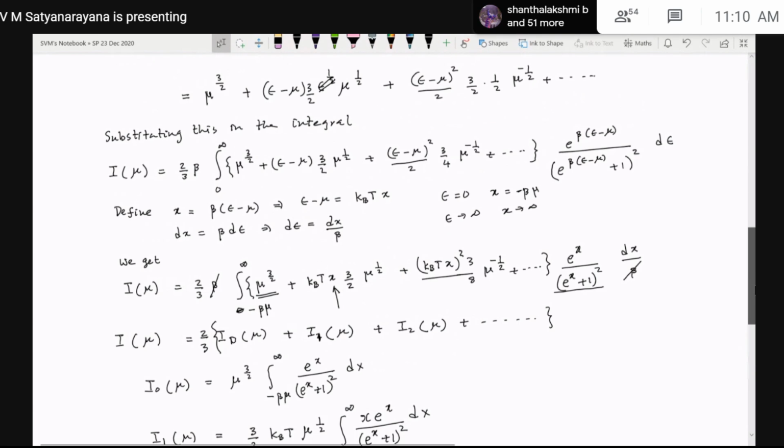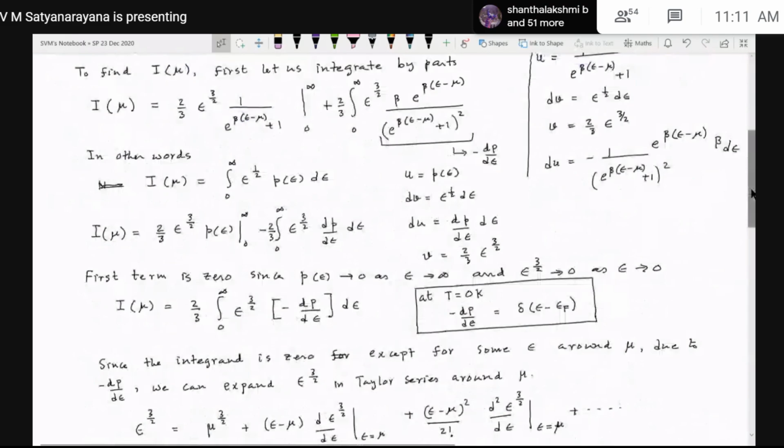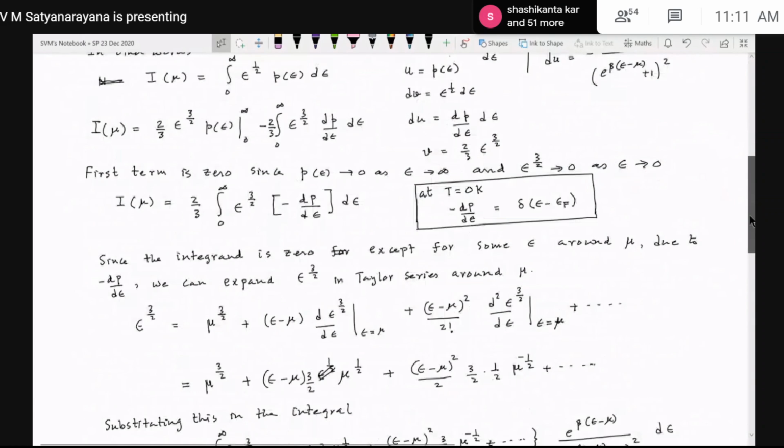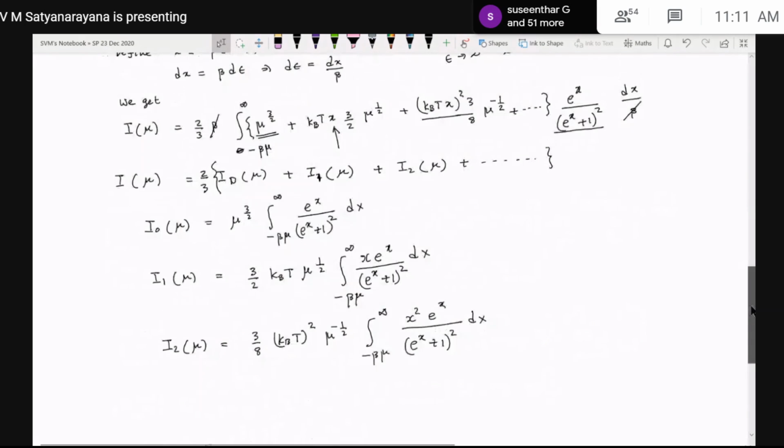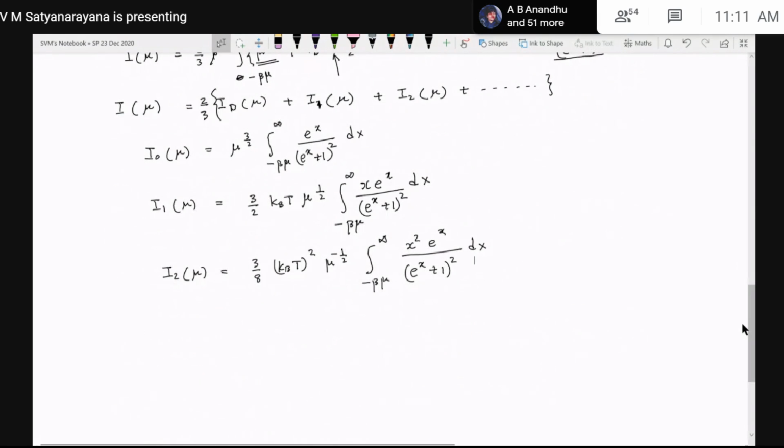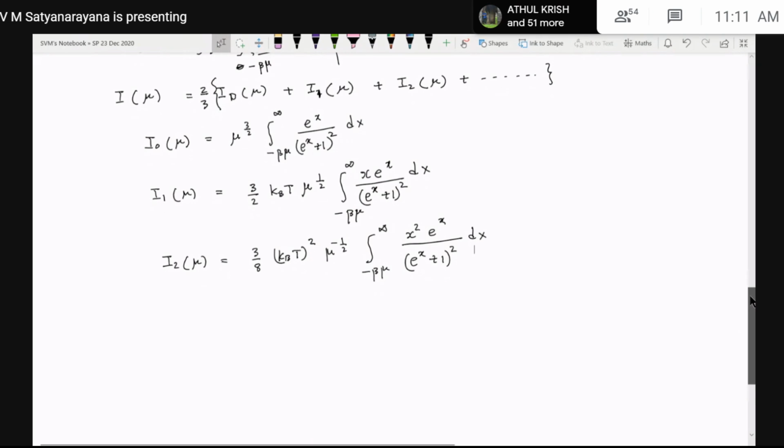We are only trying to use the fact that this particular function, the Fermi-Dirac function, whose derivative is behaving this way, and we are making use of that behavior to expand the integrand around epsilon equal to mu, and we have kept all the infinite terms. So there is no approximation done as such.